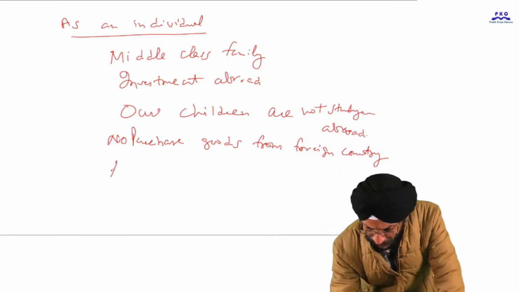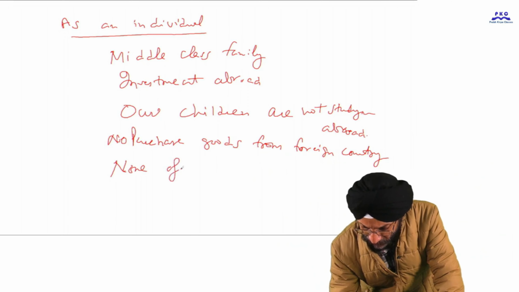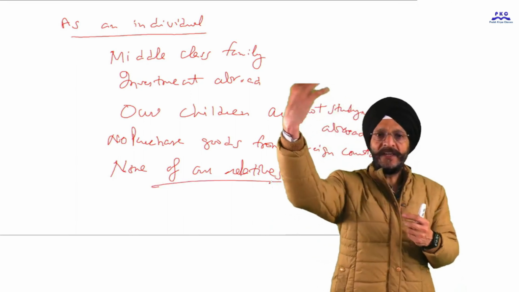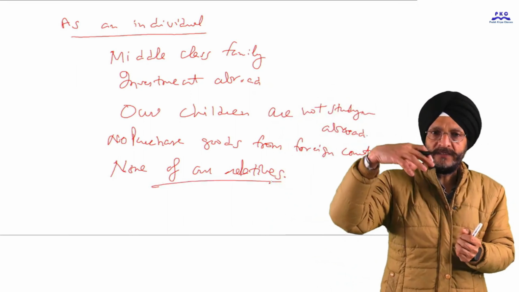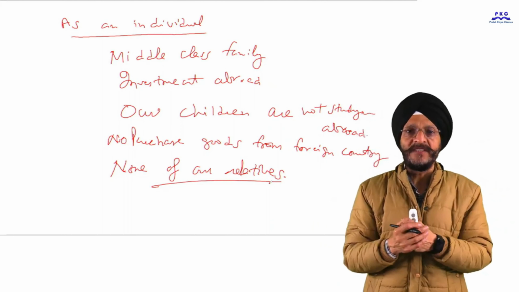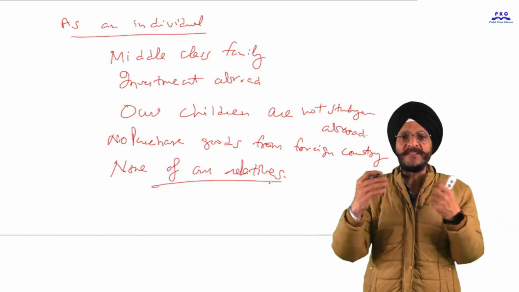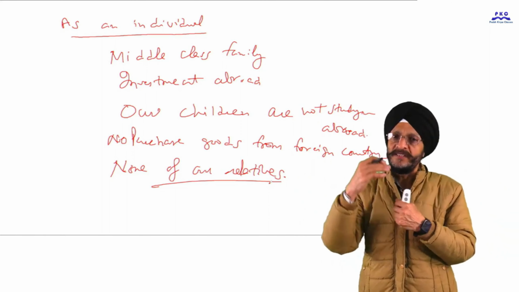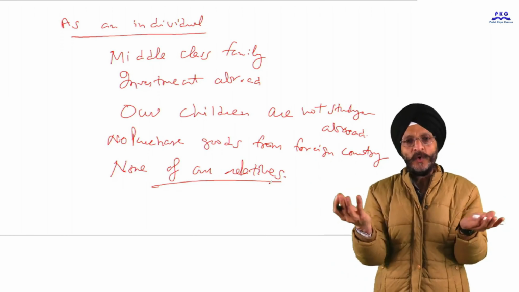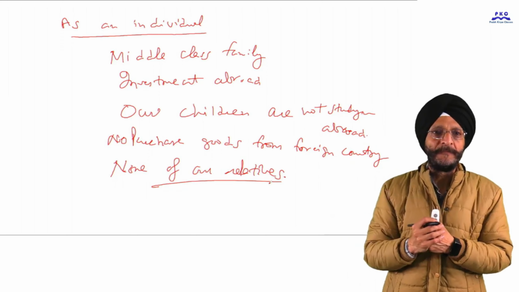None of our relatives lives abroad. If our relative is living abroad, we may have to send certain gifts on their birthday or wedding anniversary. But when none of our relatives is residing abroad, we do not require foreign exchange. We will need no foreign exchange to pay them.